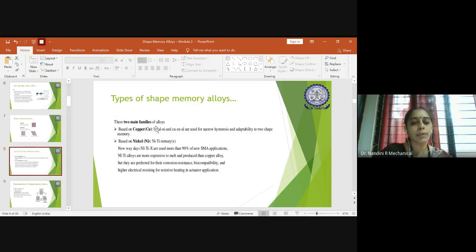One is purely based on copper alloy. The second one is purely based on nickel alloy. Based on copper alloy, this was the beginning: copper, aluminium, and nickel. These three together made a good alloy combination. One more sub-classification under this family is copper, zinc, and aluminium.